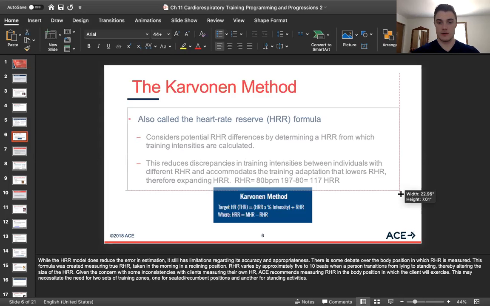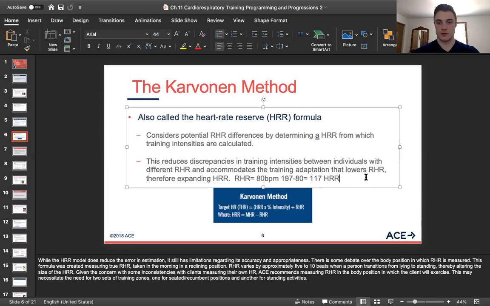So if I wanted to calculate a percentage of that heart rate reserve, then I would just multiply the percentage by that number. So let's say I wanted to work at 50% of my heart rate reserve, then I would do 117 times 0.5 and get whatever that is.